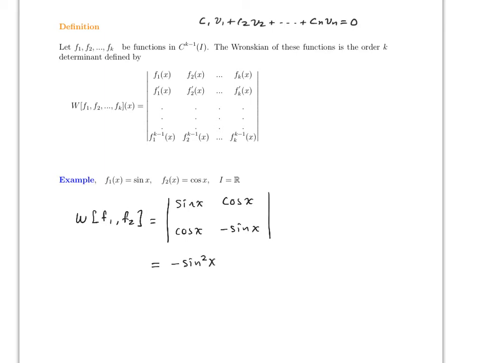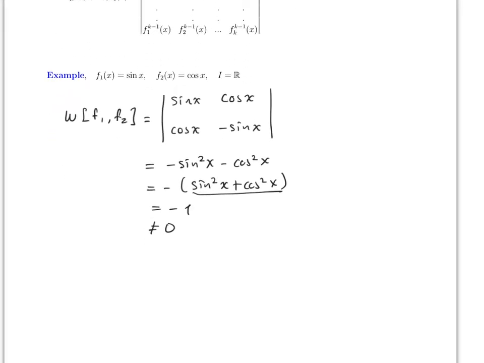Remember, this is the determinant. So this is minus, you can factor the minus 1. So this is sine squared plus cosine squared x. Remember, this is equal to 1. So this is equal to minus 1, which is not equal to 0.